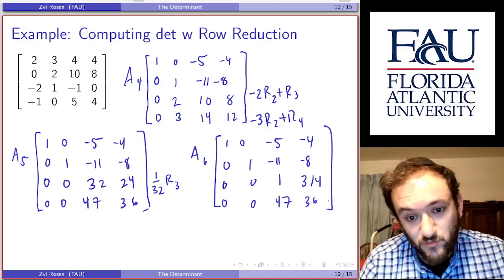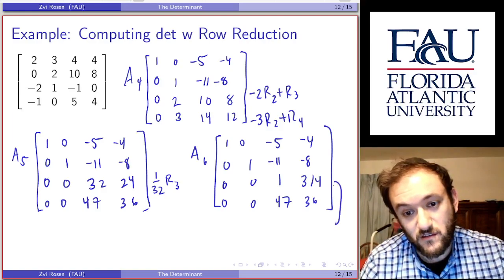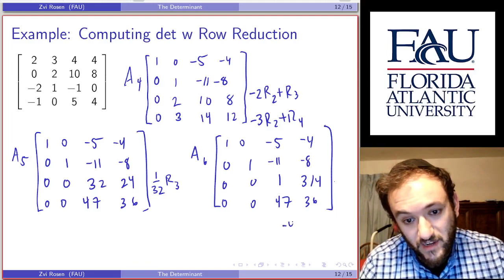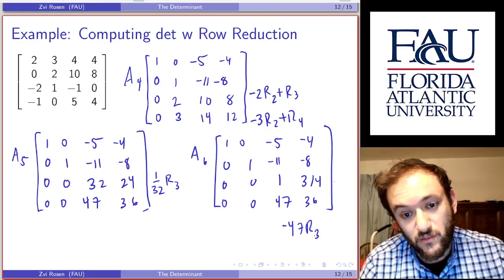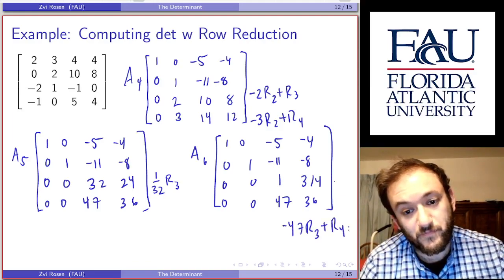And our final move is to replace this last row with -47 times row 3 plus row 4.